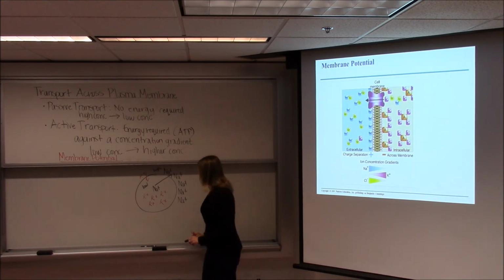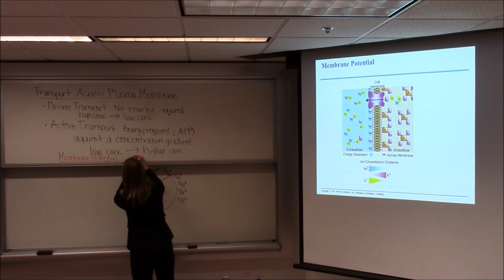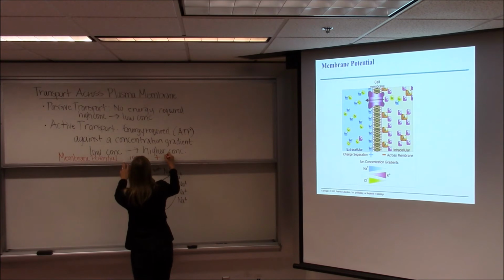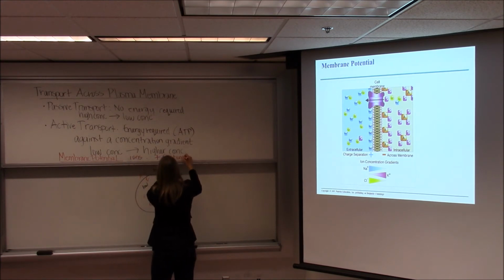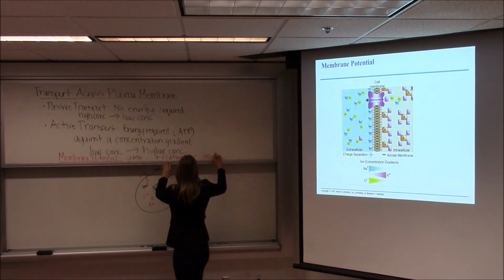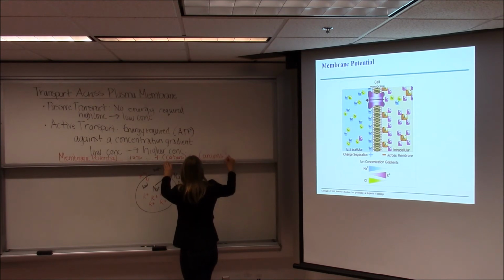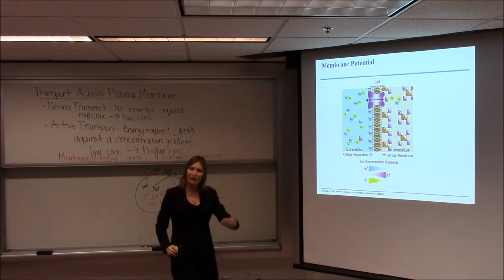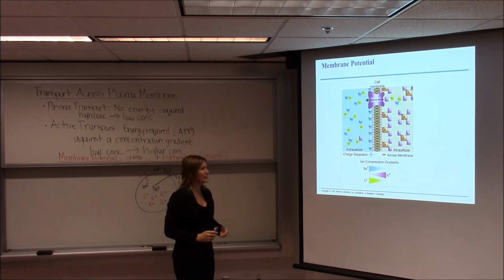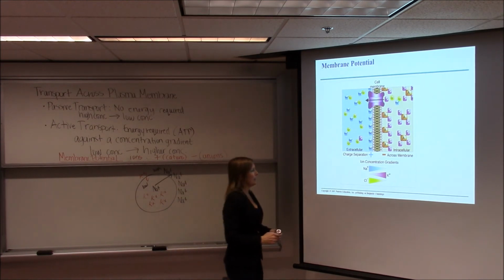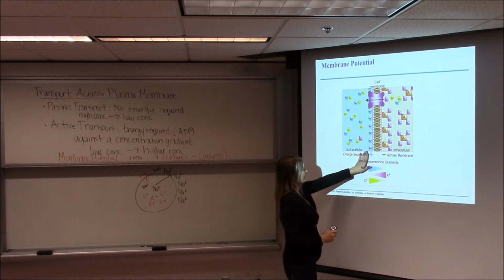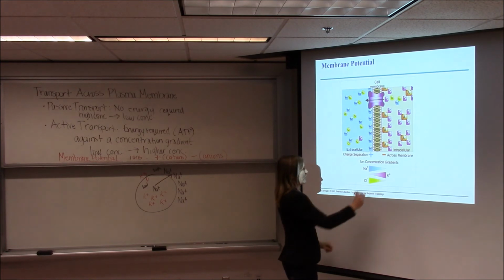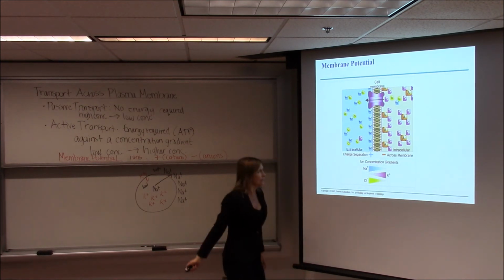So remember, ions are either positive, which are the cations, or negative, which are the anions. And moving those ions around can change the net charge either inside the cell or outside the cell. In this situation, this is showing a net positive charge on one side of the membrane and a net negative charge on the other side of the membrane.